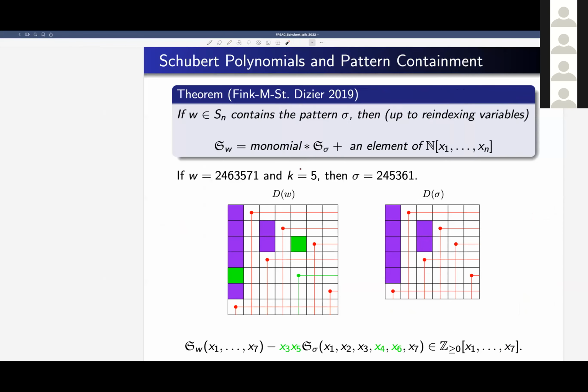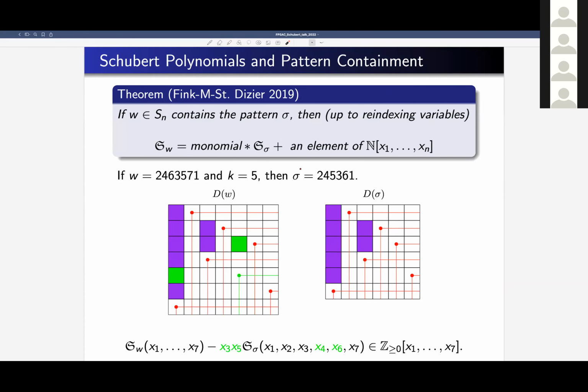And so with this view, something that we proved is that the Schubert polynomial of the pattern is in a sense contained in the big Schubert polynomial. Indeed, if we take the big Schubert polynomial and get rid of this row and column, these are the boxes we got rid of, that gives us this monomial x3, x4, weighted always by the row number.